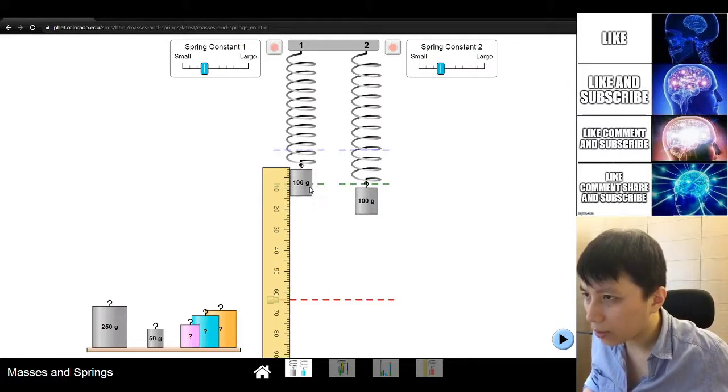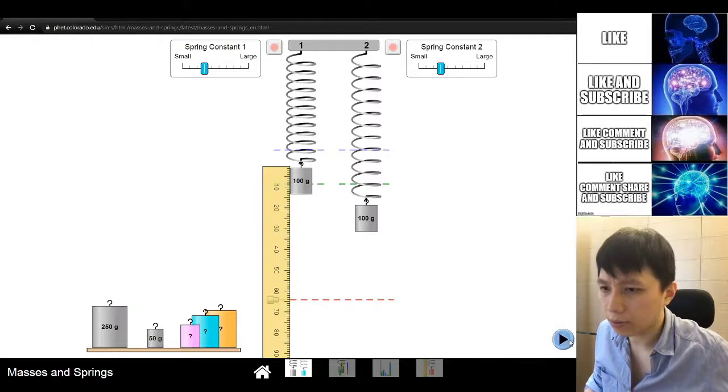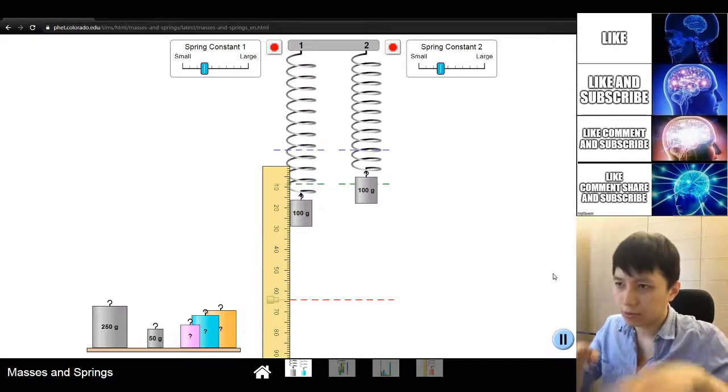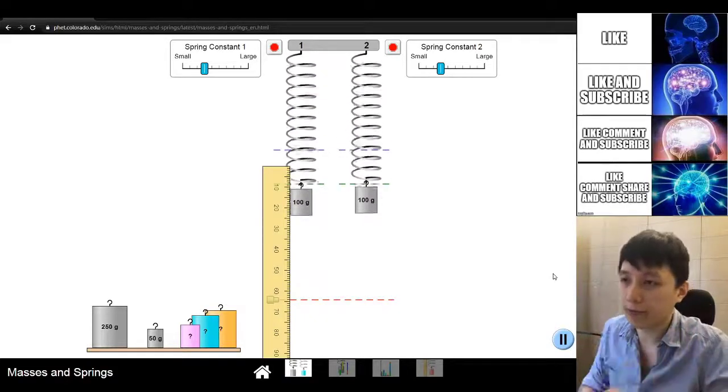Or I can set it like maybe like this, then they will always be out of phase. Yeah, one goes up, one goes down, so they are always out of phase.